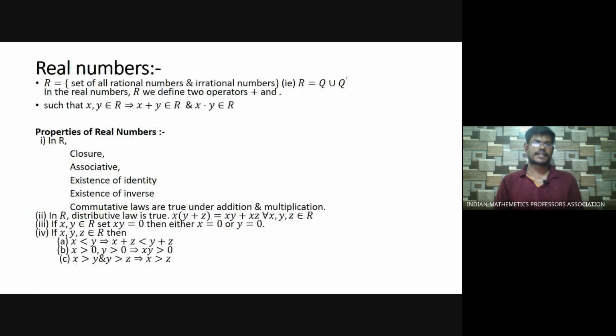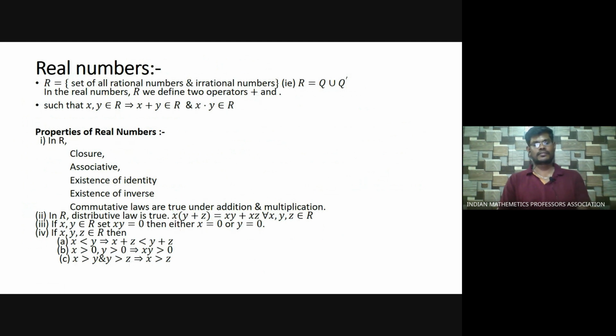Okay, so next we start with the real numbers. The real numbers are nothing but the set of all rational numbers and irrational numbers, that is, rational union irrational.